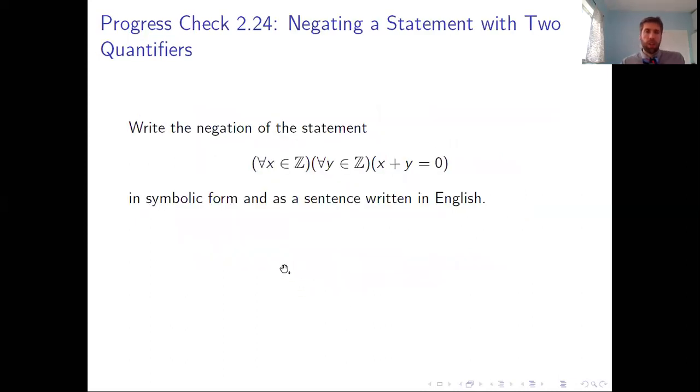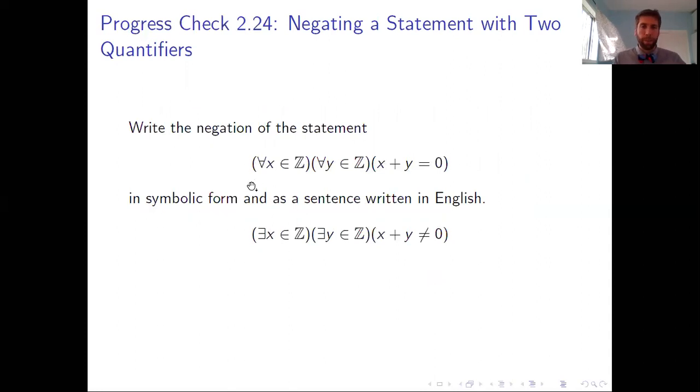Okay, progress check 224, negating a statement with two quantifiers. Here we have this sentence: for all x in the integers, for all y in the integers, x plus y equals 0. So let's write it in English, but in symbol form first.